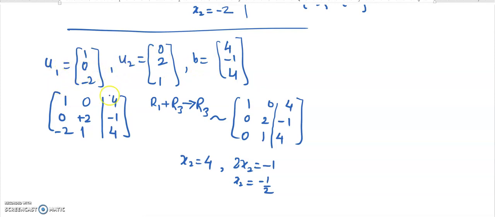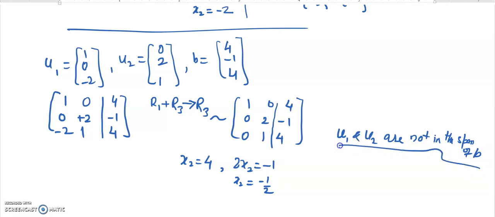So for any choice of the values of x1 and x2, we cannot get B in this case.